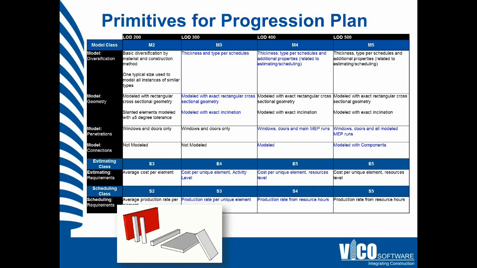By following these guidelines, everybody gets at the end of the stage what is needed and what is expected. So for estimating, there's the same thing that we can define: average cost per element for E3 class, cost per unique element for an E4 class, and then at an E5 class estimate, we would go down to the resources level.